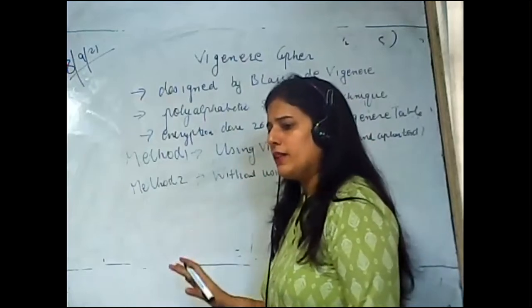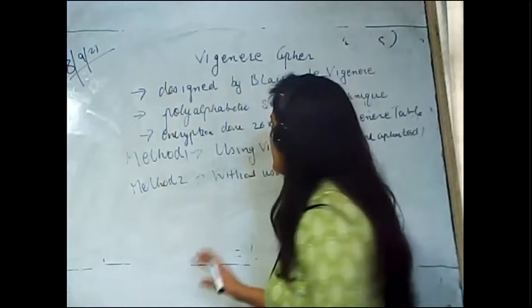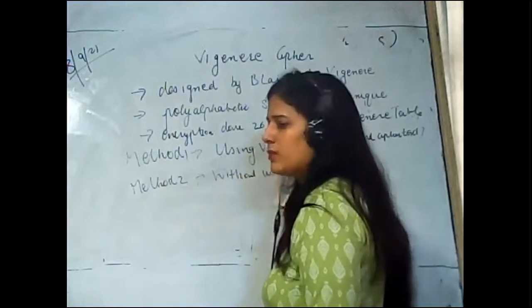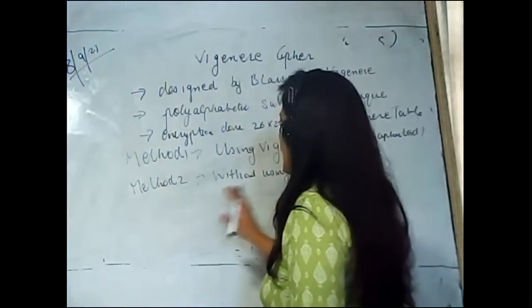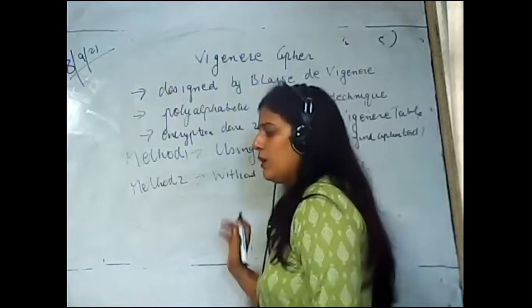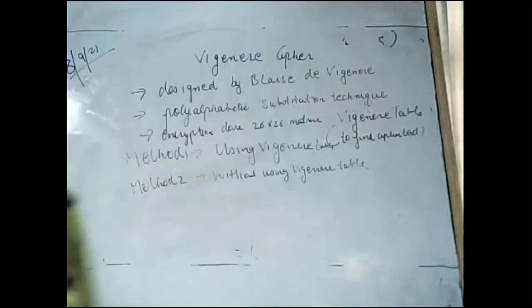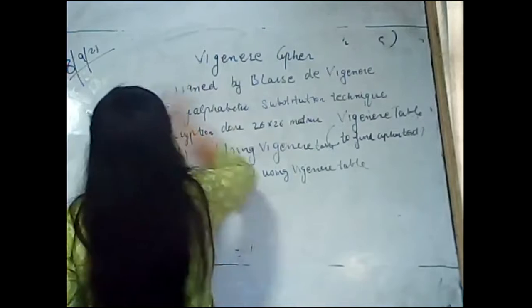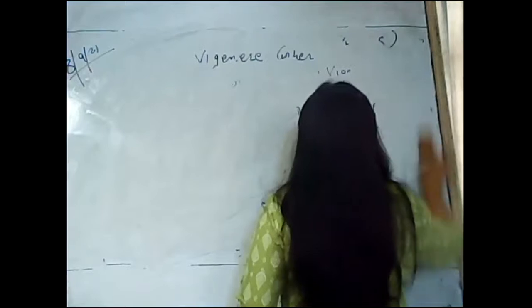There are two methods to implement it: the first using the Vigenere table, and the other without the Vigenere table. We will start with the first method, with the help of a Vigenere table.